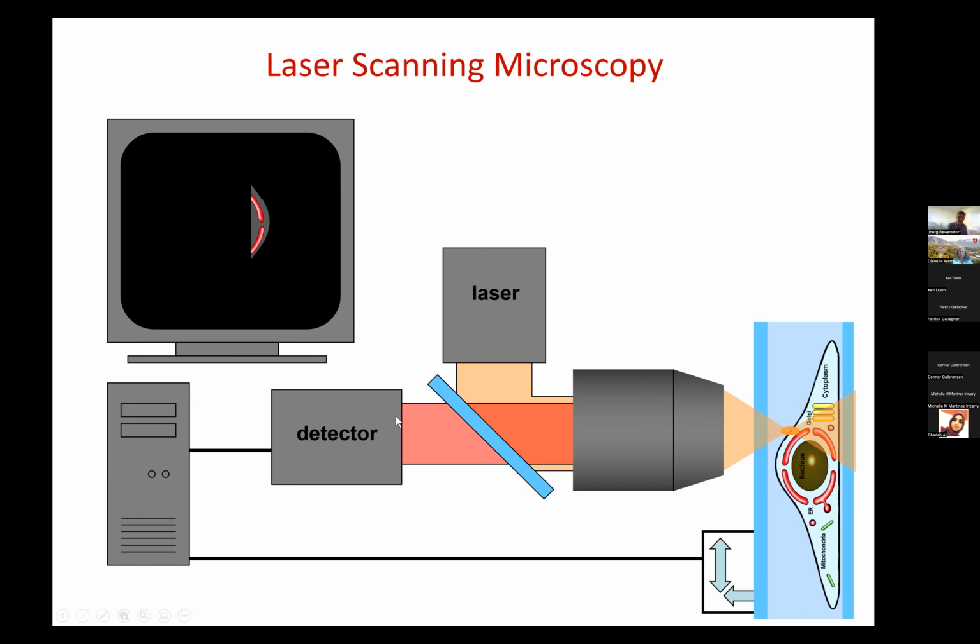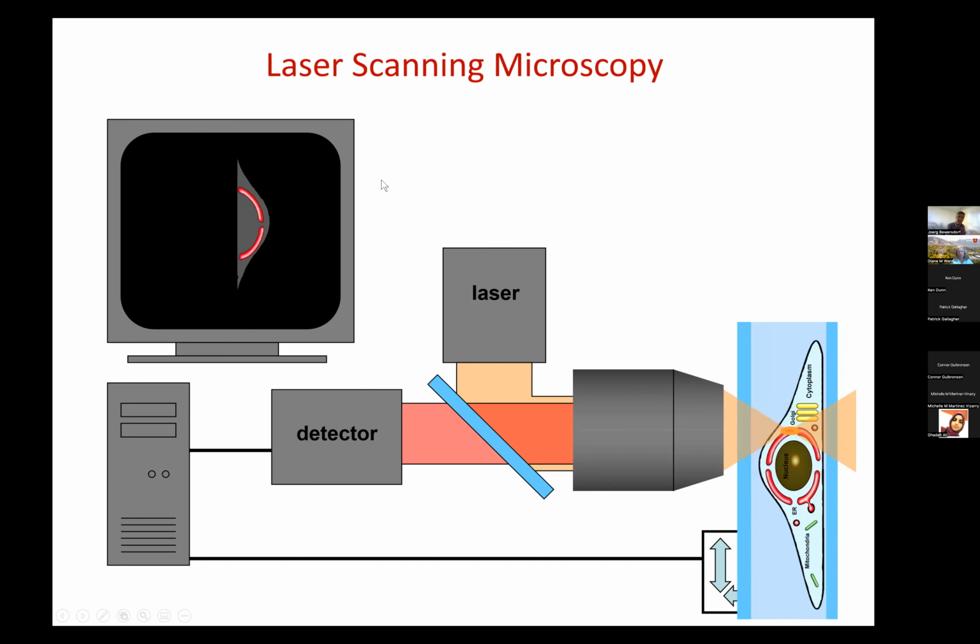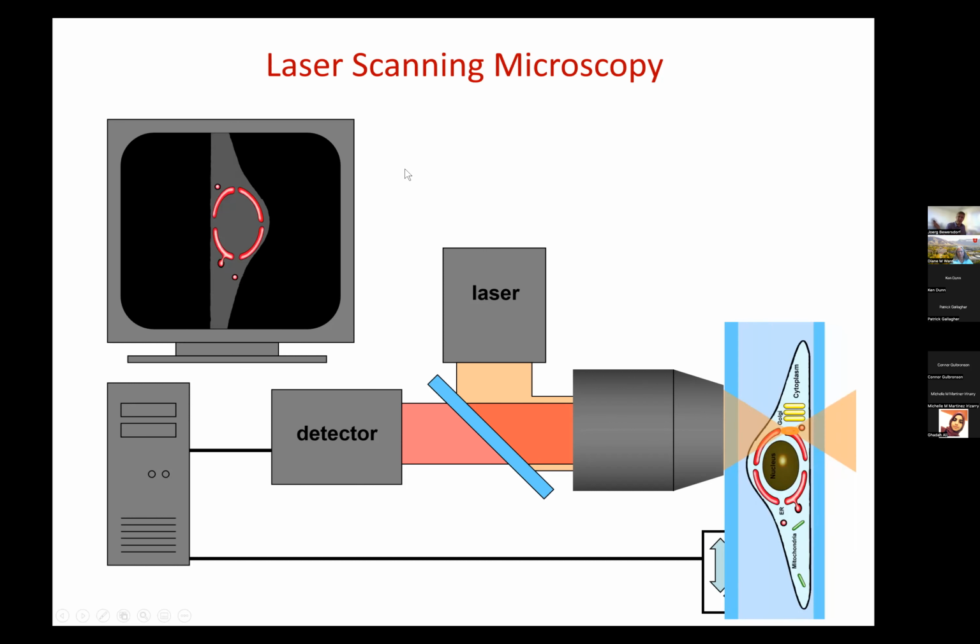And the detector will detect that signal sequentially, and it will be represented as one pixel after another on the screen. And now we have scanned a line. And then we can scan the next line and the next line and the next line, get a two-dimensional image, and we can also move the sample or the laser focus in the third dimension and get a three-dimensional image that way.